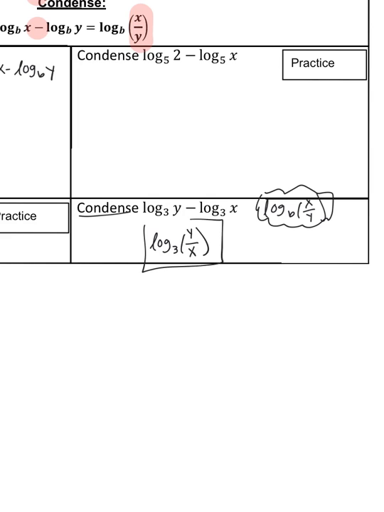Okay, and that's your answer. Your answer is not log base 3 of x over y. X over y would be if the x was first and the y was second. This would be log base 3 of x over y. So make sure you're paying attention to where you're putting your variables.